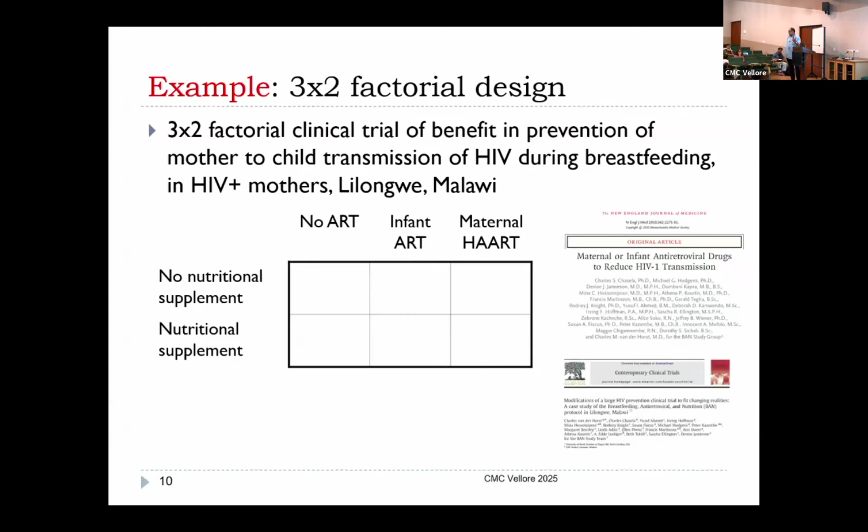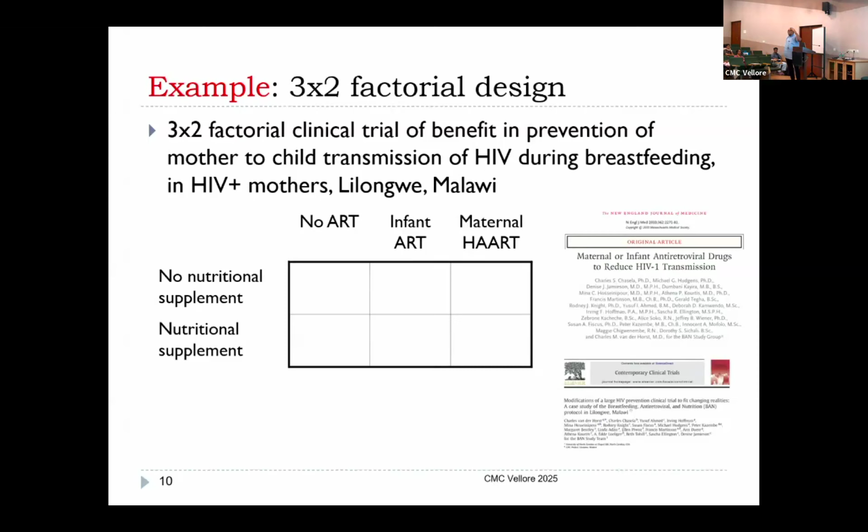You have the variance in that effect, and how much you think the signal to noise ratio is going to be. You put it in the formula, you get a number. Then you do another one for the other question. What is infant ART versus no ART? You calculate the sample size for that. Then you do another for maternal antiretrovirals versus no antiretrovirals. You get a sample size for that.